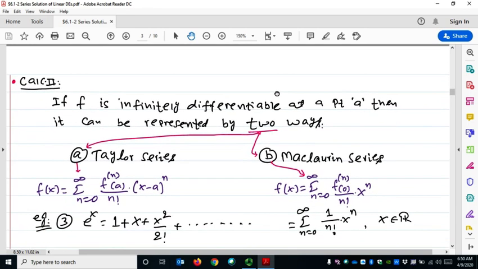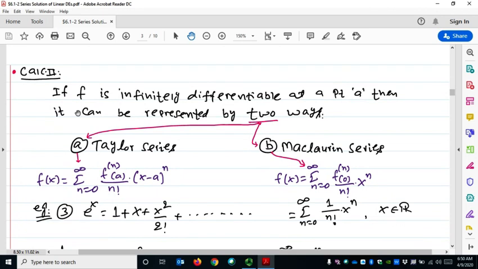Now in Calc 2, if f is infinitely differentiable at a point, then it can be represented in either of two ways, either a Taylor series or a Maclaurin series. The Taylor series is the power series with center at a, and the Maclaurin series is the power series with center 0. So this is the form: f(x) equals the infinite sum n goes from 0 to infinity of the nth derivative of f at a over n factorial times (x minus a) to the power n.